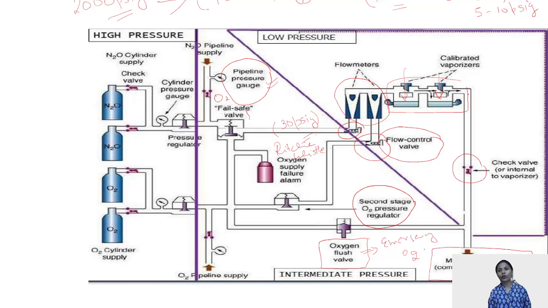In this, we also have one important part, that is the pressure relief valve, present in the low pressure system. And of course, we have hypoxic guards which are part of your low pressure system. This is your low pressure system.